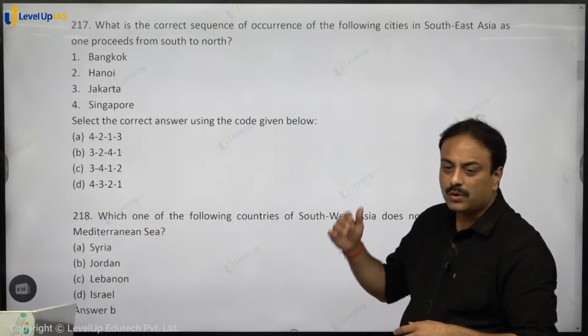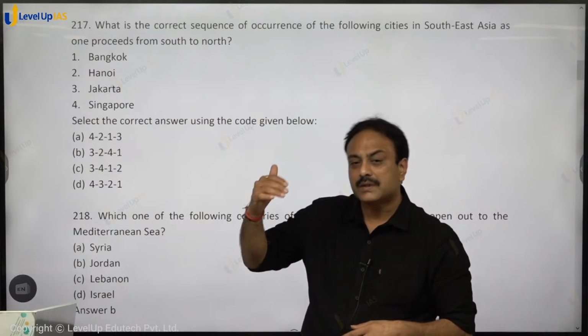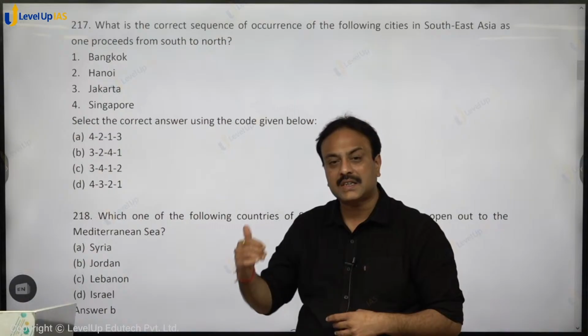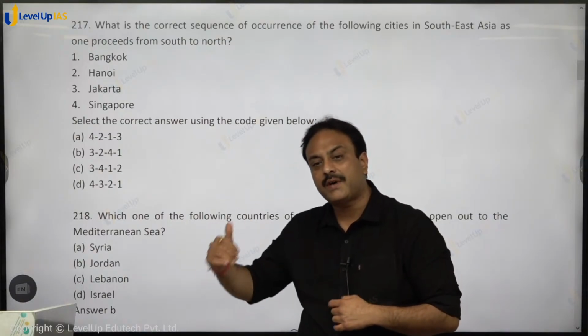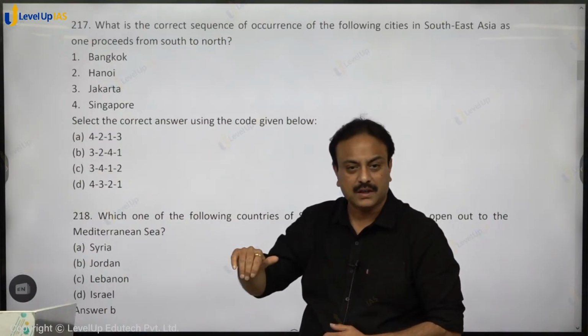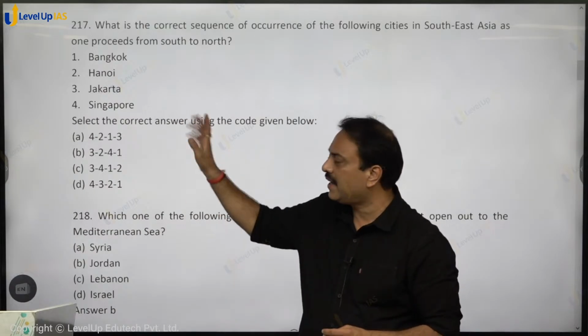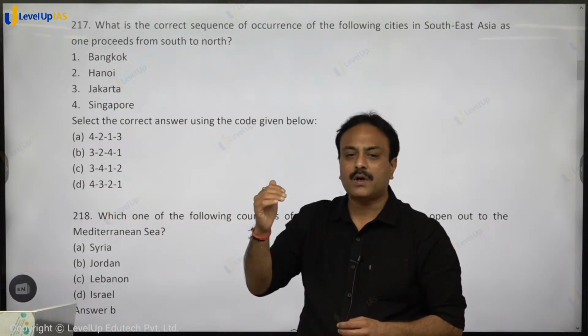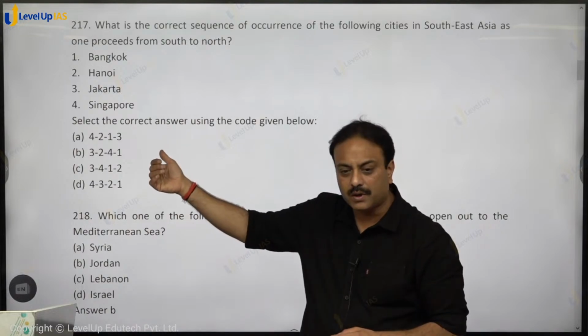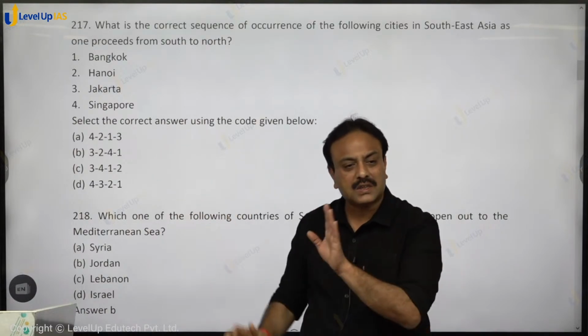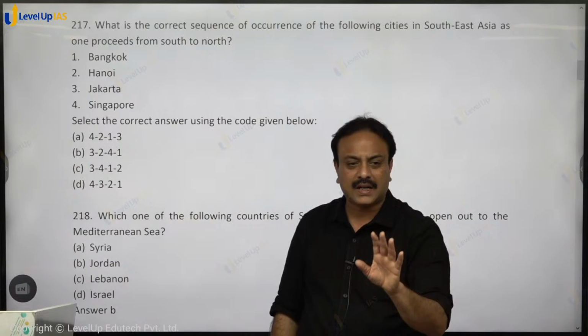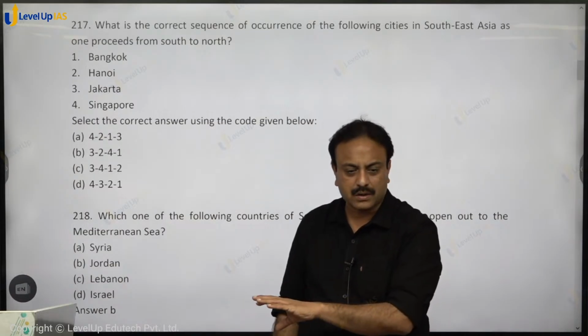So when you move from south to north, south of Singapore you are having Sumatra Island, south of Sumatra you are having Java, on Java you are having Jakarta, the capital of Indonesia. So starting from south, the first will be Jakarta. When you move north, the first town you will encounter is Singapore. After Singapore, slightly northwest, that is the capital of Thailand, Bangkok.